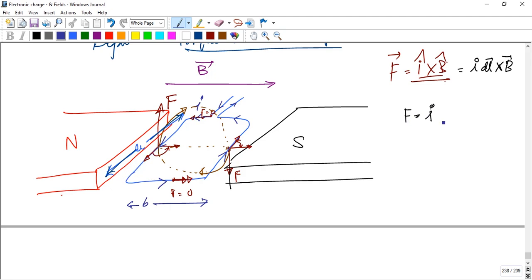So I dl here is a, and that is b. There is a cross product, which means a 90-degree angle, so sine 90 is 1. So I a B, that's the force.